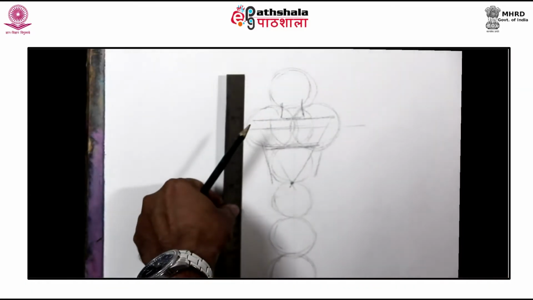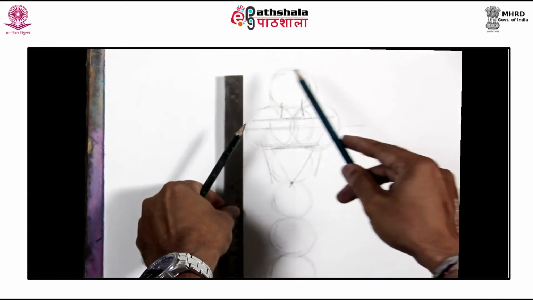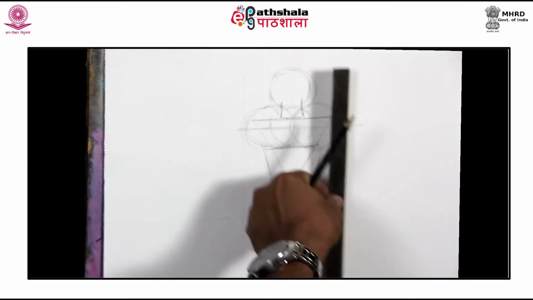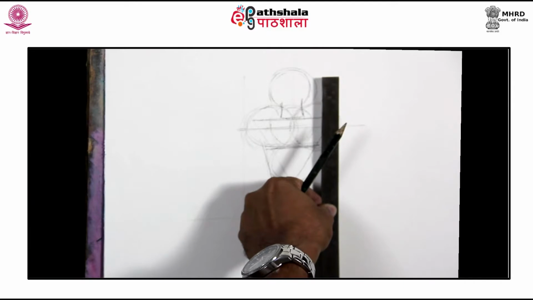He then draws two vertical straight lines right from the ends of the shoulder lines to create a rectangle.